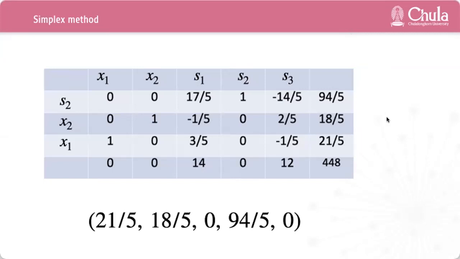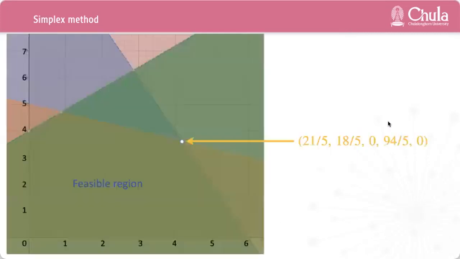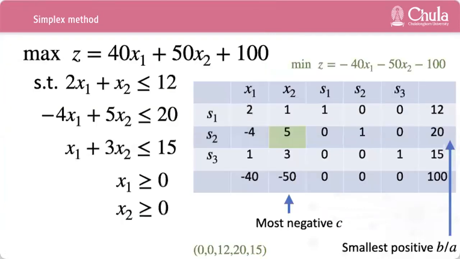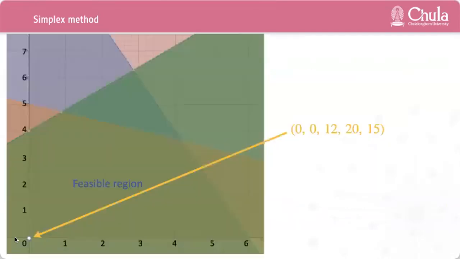So now the feasible region is here, right? So our solution is at this point. You see that along the way, by using the simplex method, we start from this point, 0, 0, 12, 20, 15.